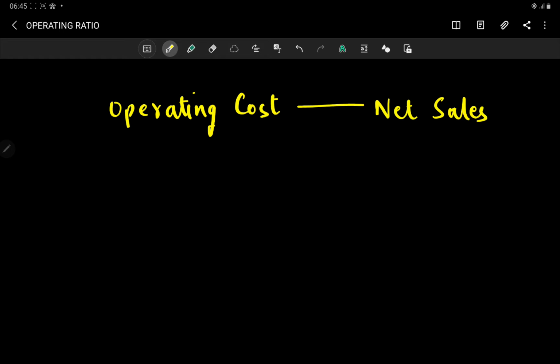Now you will ask me, okay, I understood that operating cost is compared with net sales, but what is operating cost?